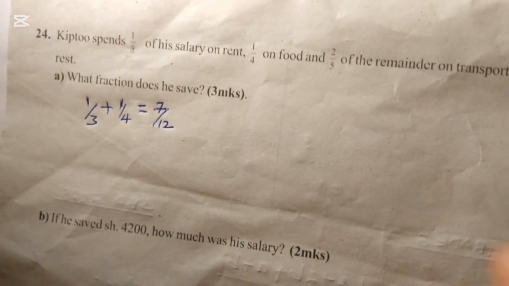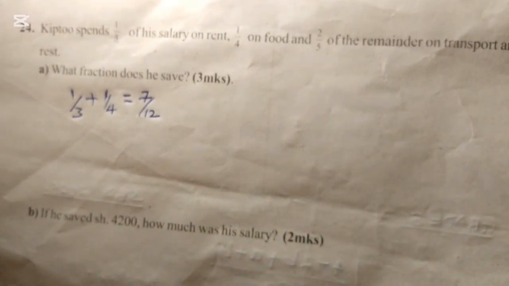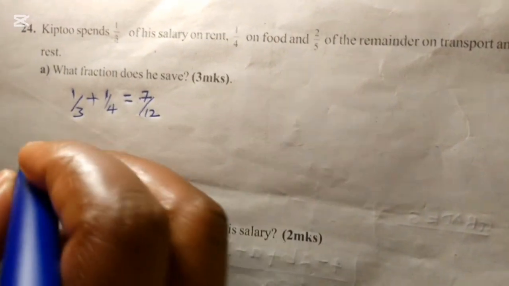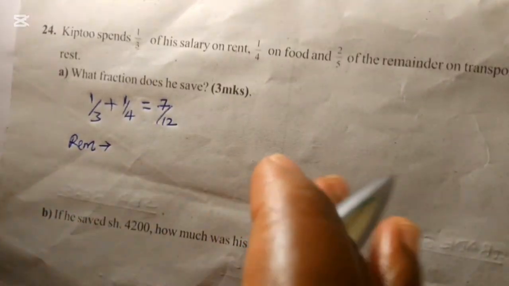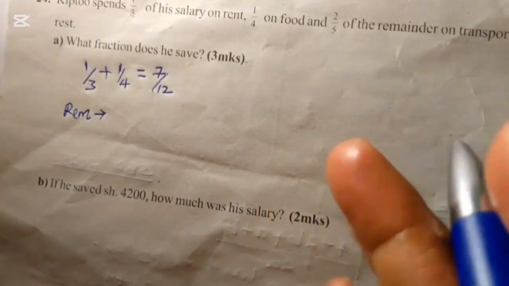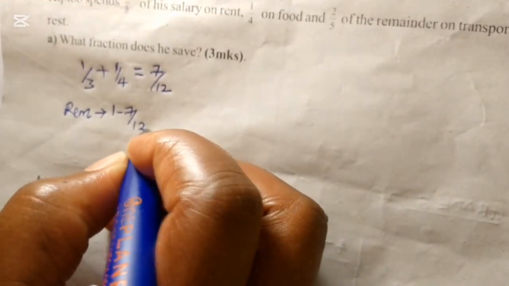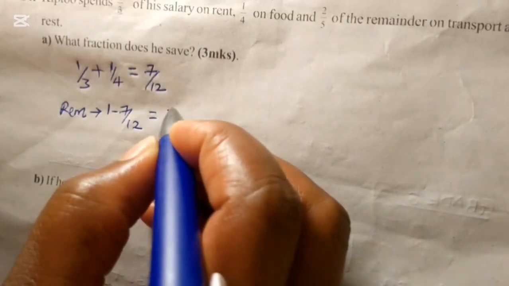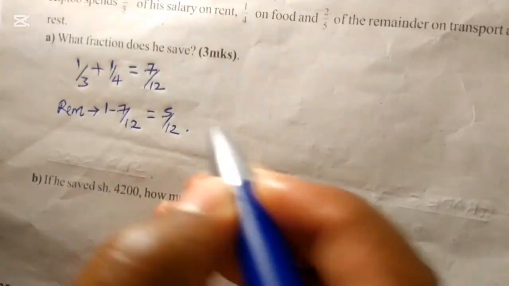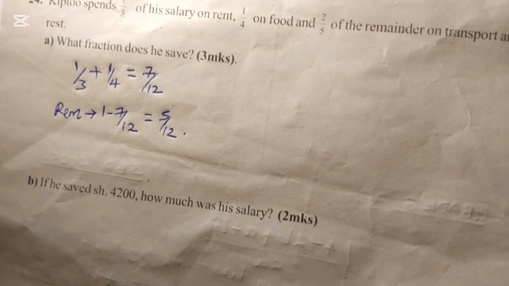So that is on rent and food, meaning that after paying rent and buying food, the remainder is 1 minus 7/12, which is 5/12. 5/12 is the remainder.